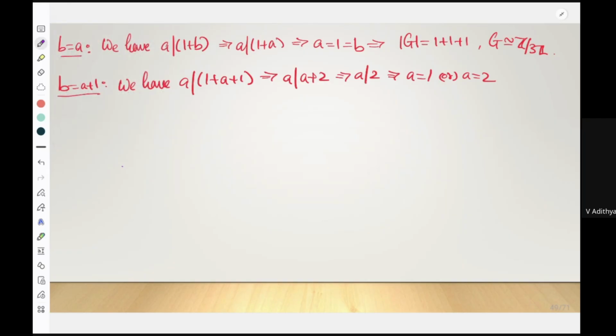Now we have another subcase here. A is 1. If A is 1, then B is 2 and order of G will become 1 plus 1 plus 2, which is equal to 4.